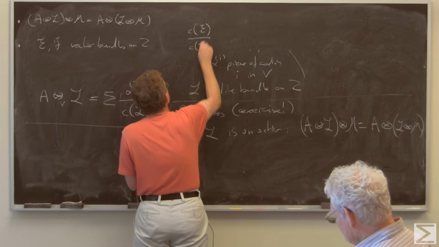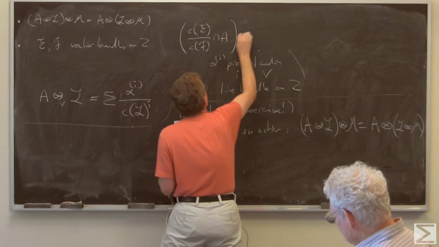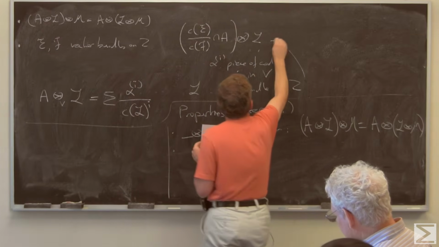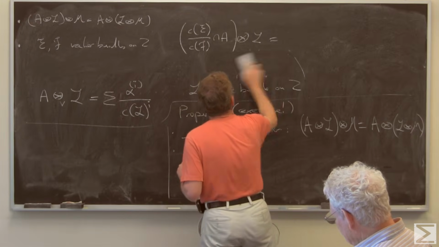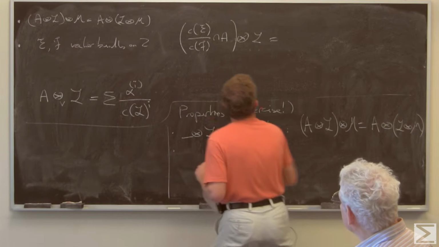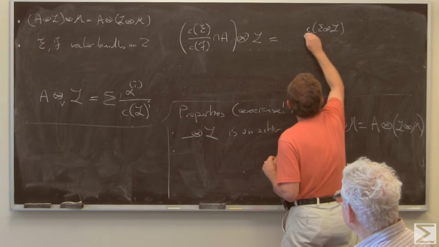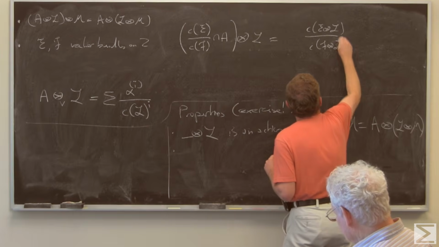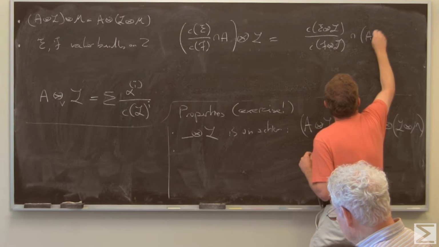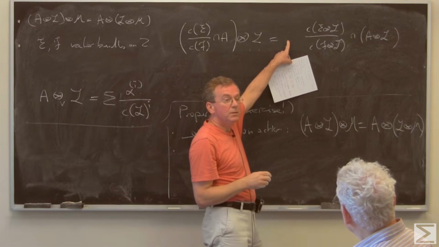Suppose you have this situation. What happens if you tensor by L? Well, if you're very optimistic, you might think that all you need to do is bring the tensor in. So this should be c of E tensor L over c of F tensor L cap A tensor L. That's not true. That's why I left a little bit of room in here.